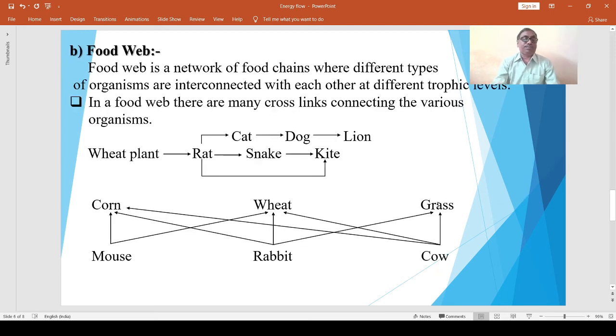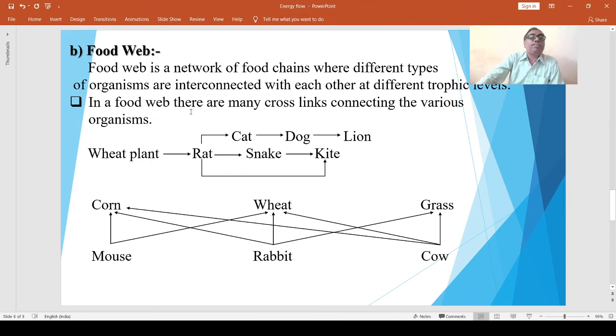Then food web. Food web is a network of food chains where different types of organisms are interconnected with each other at different trophic levels. As a result, there are a number of options of eating and being eaten at each trophic level.